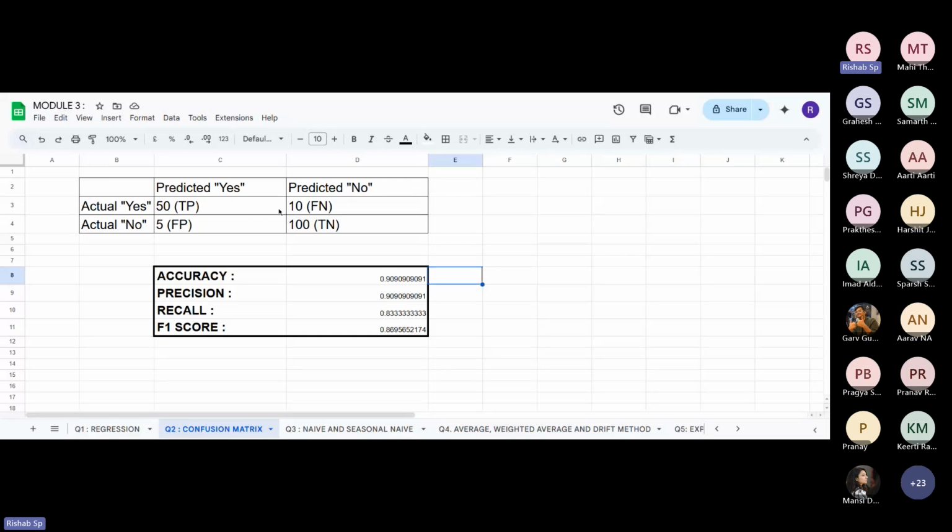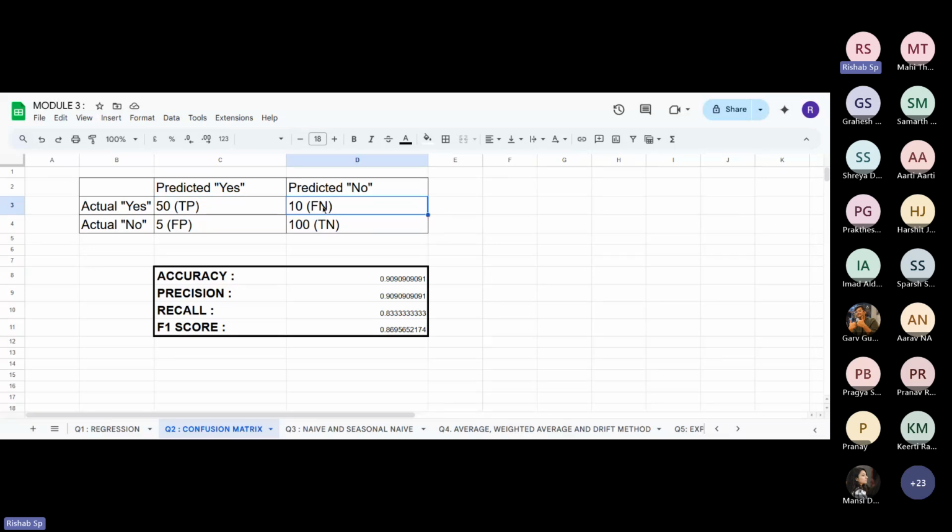Otherwise, we can't find it, right? You might get the values, but you might not get these things in the exam.